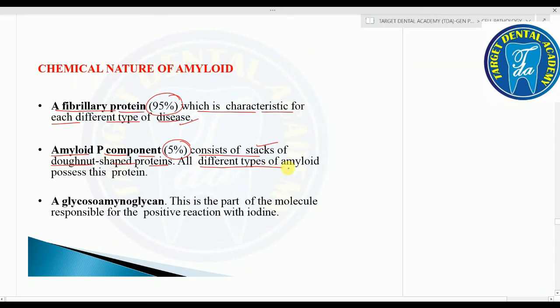All the different types of amyloid possess this protein. Third is glycosaminoglycan, which is the part of the molecule responsible for a positive reaction with iodine. Important. All these 3 points are very important for your MCQ.